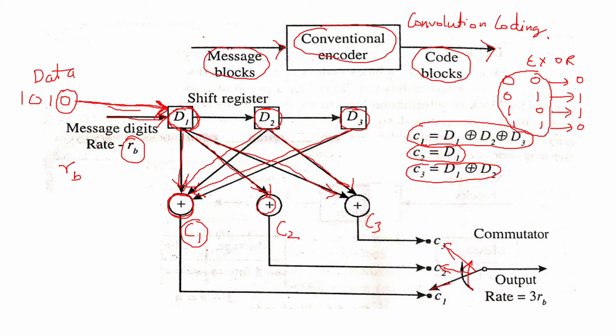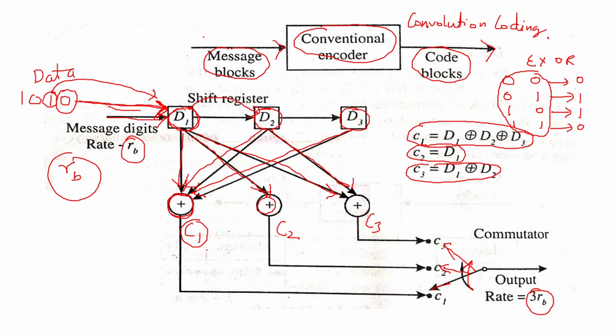So if the input rate is Rb, then the output rate will be 3Rb. Similarly, when the next digit enters, the first digit which was in D1 will go to D2. Now 1 is going to enter D1 and 0 will enter D2. Again you will find out what is C1, C2, C3.